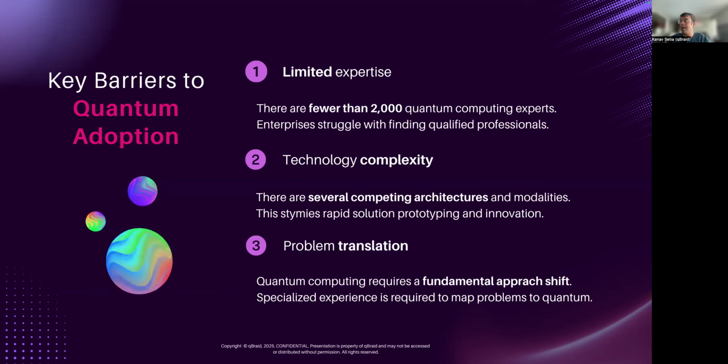It takes a lot of time to understand this new paradigm of computing. And then ultimately, even when you understand it, it takes a bit of time to make sense. Okay, you understand the technology, but how do you even use it to actually solve a problem that the world cares about? So all three are quite important.